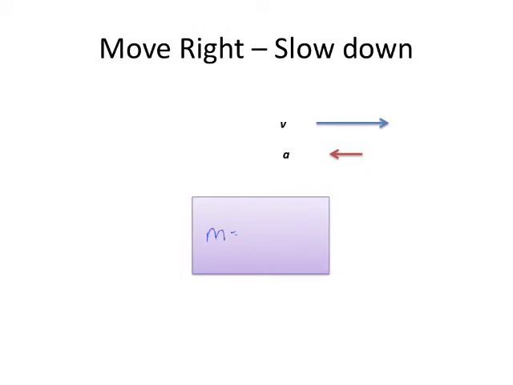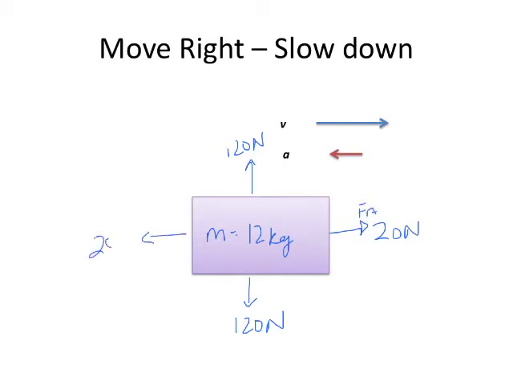So we'll work with the same 12 kilogram box, which is going to have 120 newtons of force of gravity and 120 newtons of normal force. But this time we're going to have 20 newtons to the right of a force applied, and then 25 newtons of the force of friction. What happens here is the force of friction is greater than the force you're applying, so even though you're applying a force, you are going to slow down.